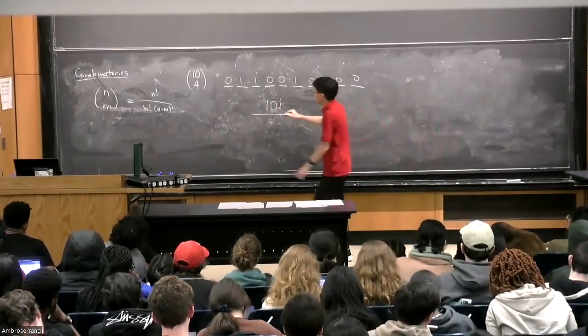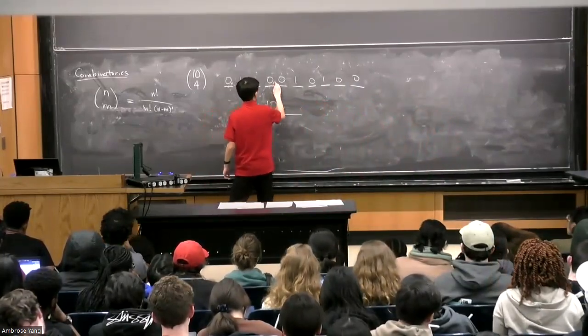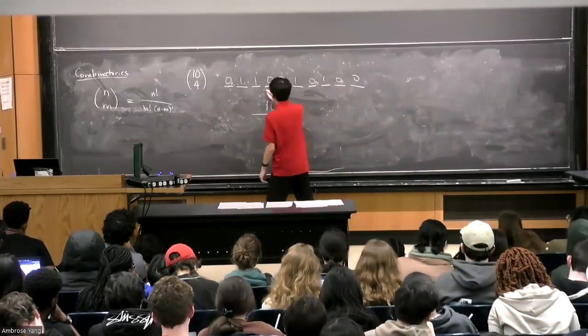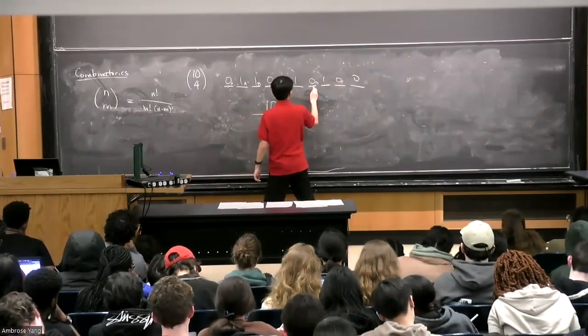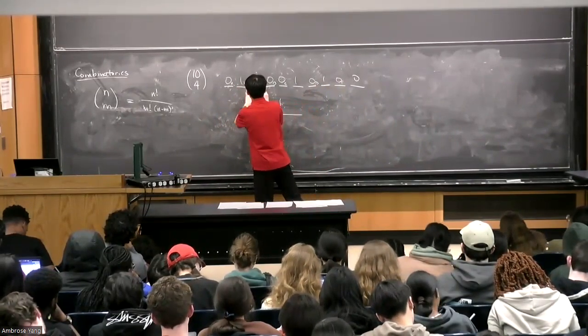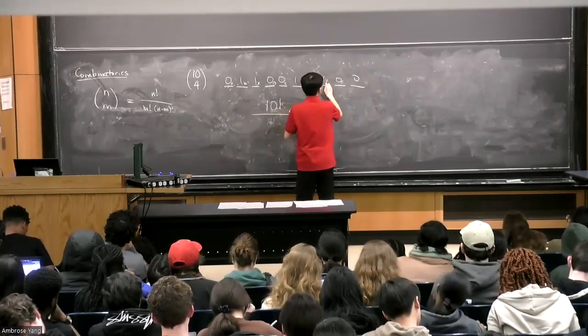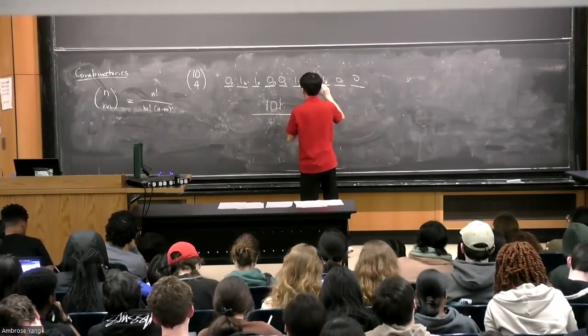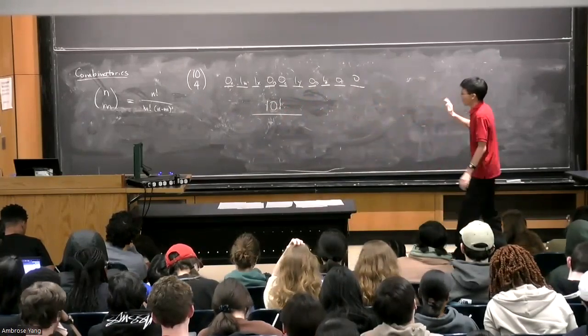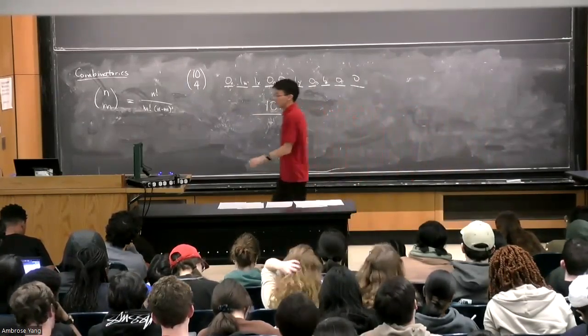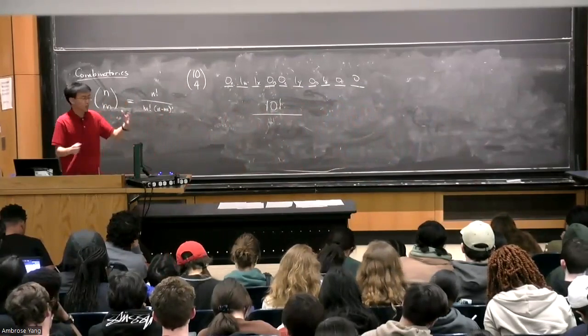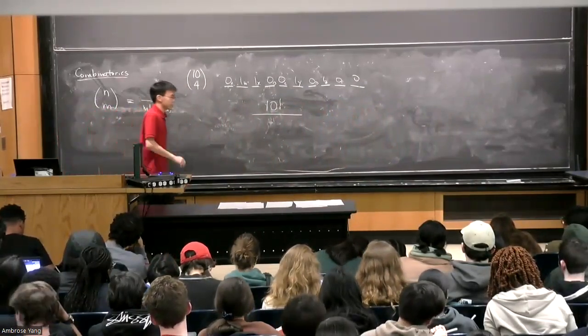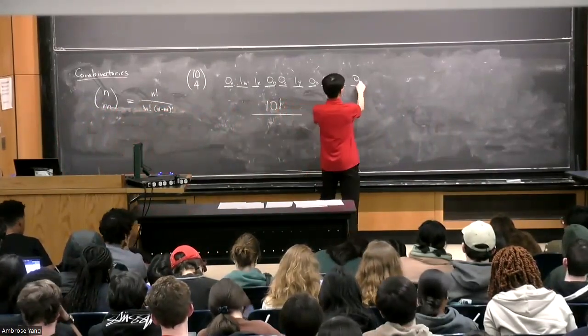Let's say I label this as 0A, 0B, 0C, 0D, 0E, 0F, 1W, 1X, 1Y, 1Z. If they all look different, there are 10 factorial ways to order these zeros and ones.